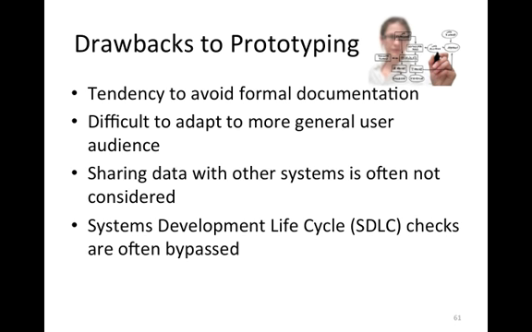It can be very difficult to adapt. It's hard to make this life cycle work multiple times. It's hard to integrate these prototype systems with other existing systems. Some of the checks and balances of a system's development life cycle are ignored or bypassed.